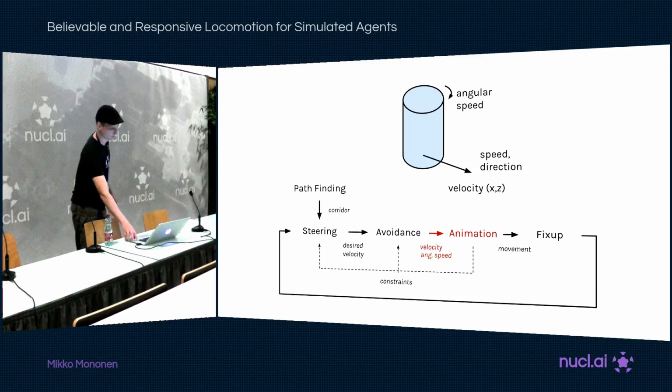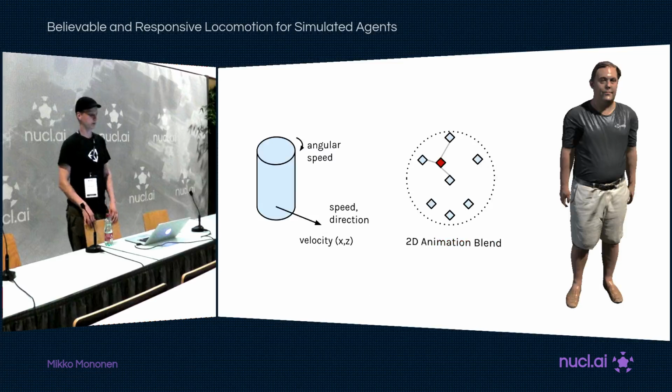And at Unity, the way we are boiling this down is that we are using 2D animation blends. 2D animation blends is basically that all of those blue diamonds represent an animation with certain parameters. For example, the diamond at the top could represent a forward moving animation.